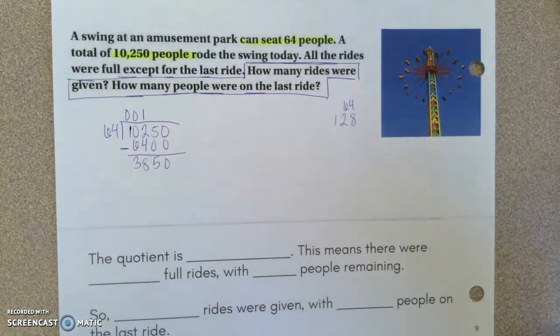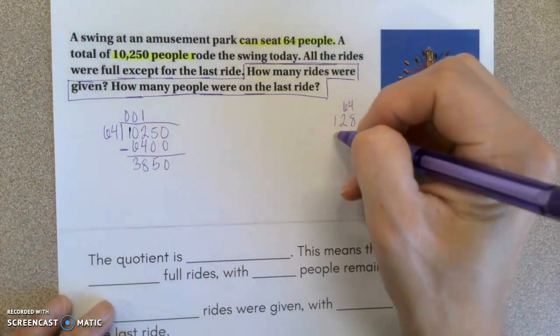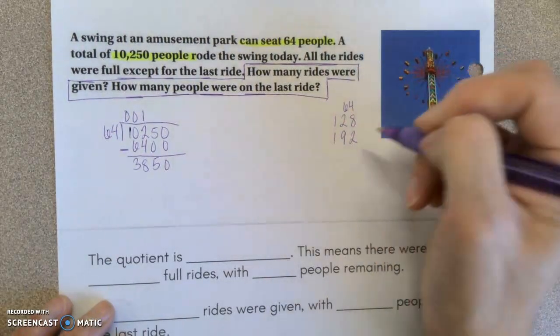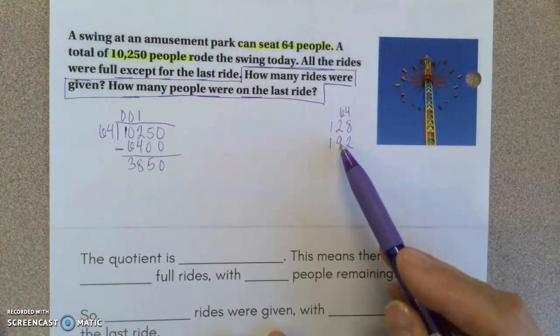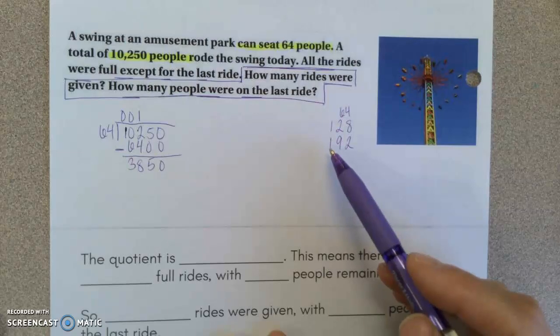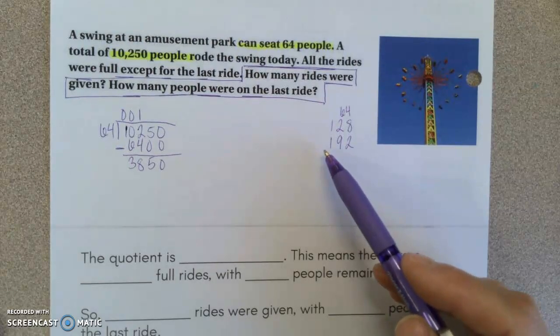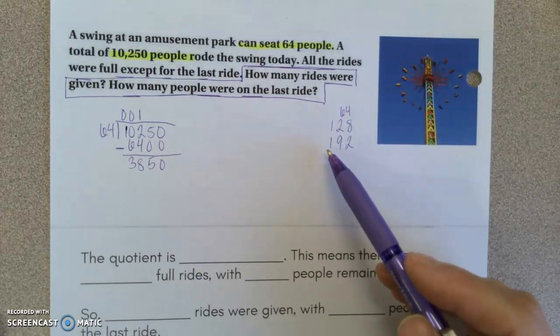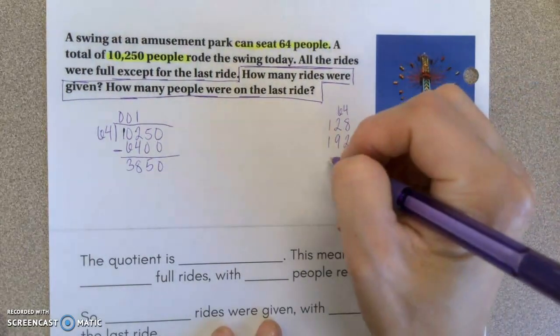Okay, then I'm going to think 128 plus 60 is 188, plus 4 more, 192. Okay, and again, I'm trying to get close to 385. So 192 plus 60 is 252, plus the 4 more is 256.